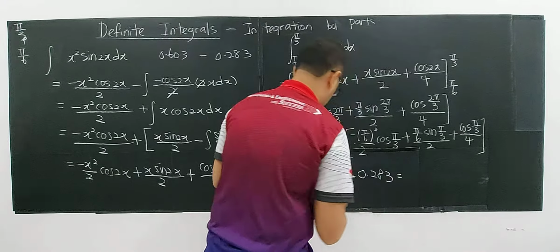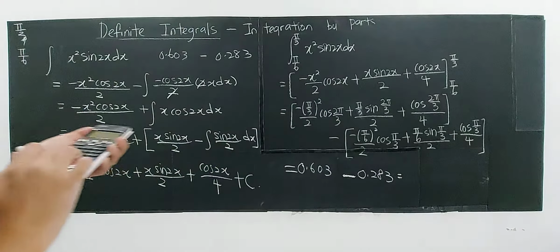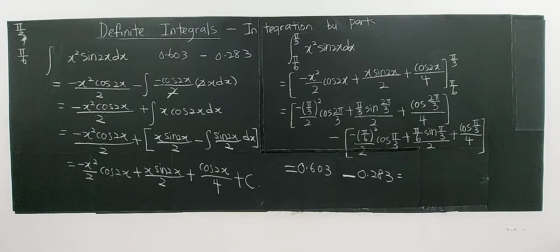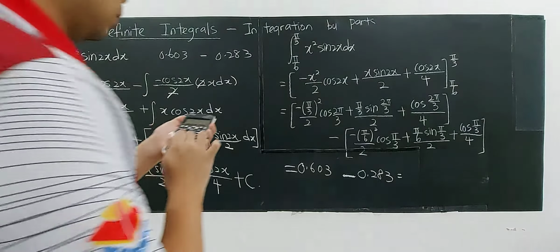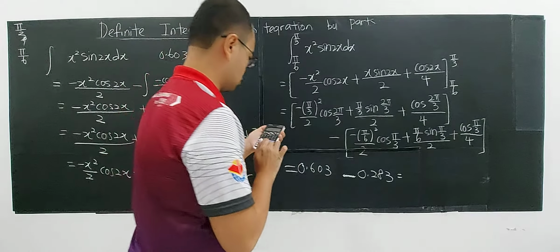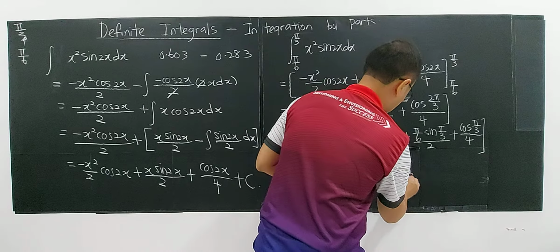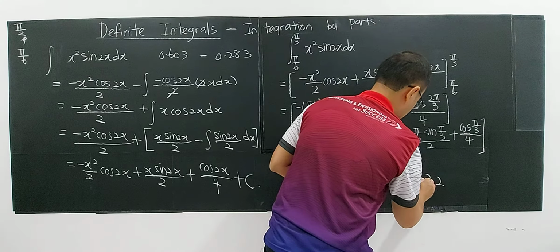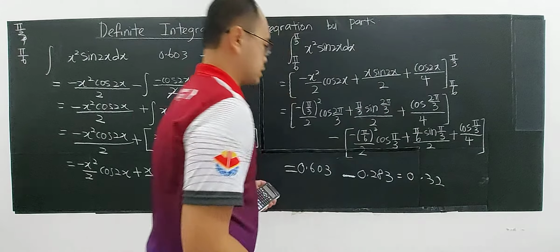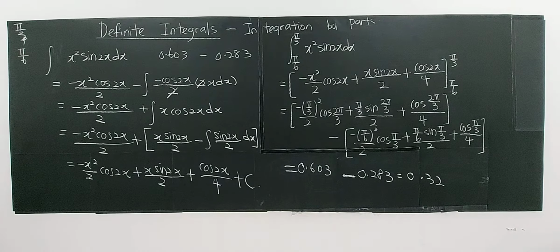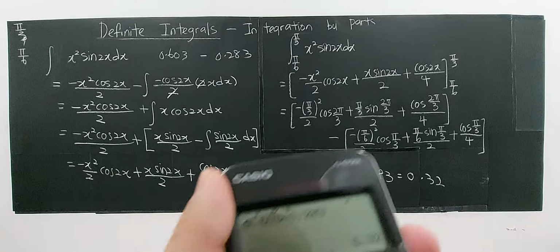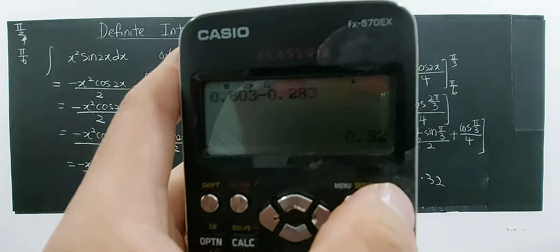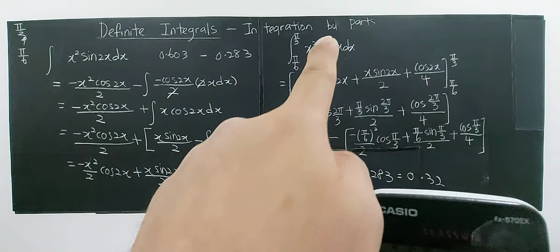So if you calculate, you are getting 0.603 minus 0.283, so you're getting 0.32. In 3 decimal places, after round off, you're getting 0.32.